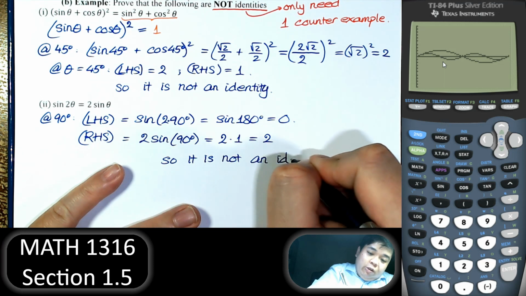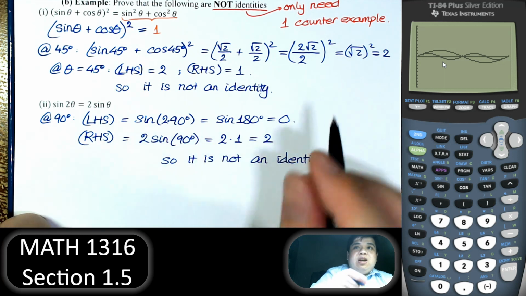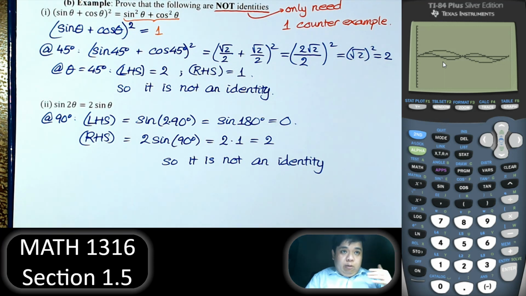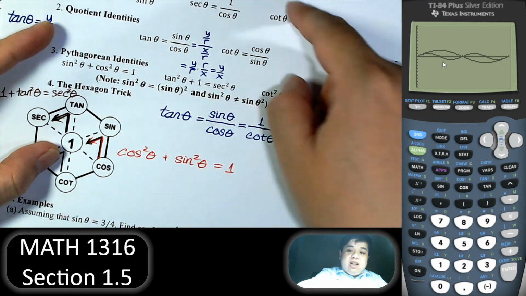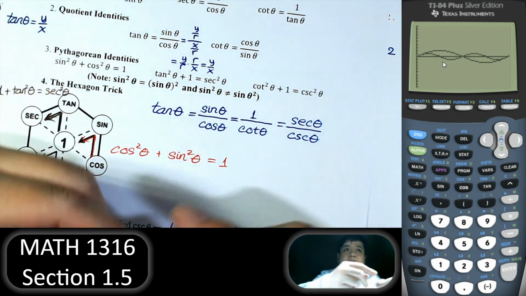If we want to prove it is an identity, we cannot just choose values like this. We have to actually prove that it works for all values of theta. But like I said, that is chapter 5. Right now, in this section, just get familiar with these identities, which can be summarized in the hexagon.